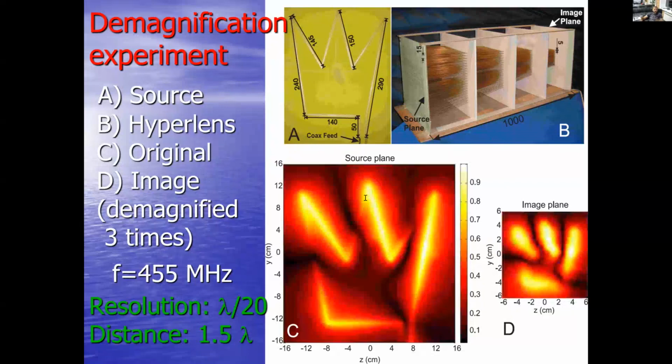And with transparency windows, you still can go there, but you need near field access. So for all these things, your lenses should be in the near field of the object. And this does not help a lot. You still have to approach biological tissue, and it's not that easy.